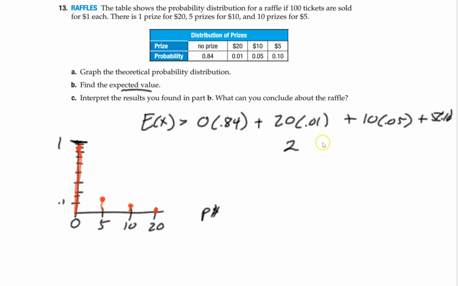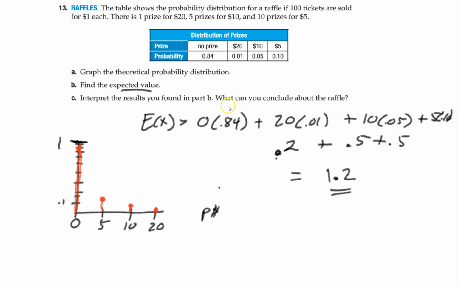This will be 0.2 plus 0.5 plus 0.5. Just checking, that's 0.2 actually, sorry. Add that up, you get 1.2. So the table shows probably a raffle, 100 tickets sold. So the expected value of playing this raffle is about $1.20.